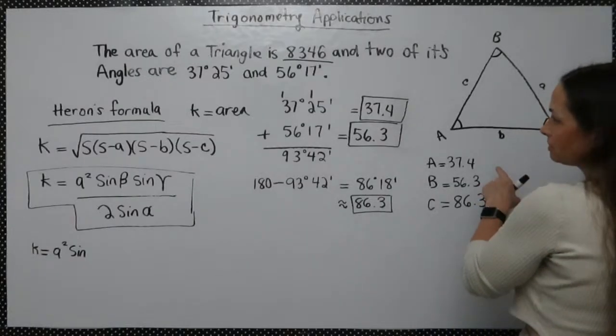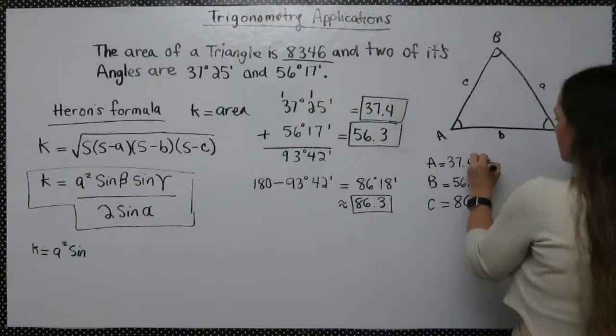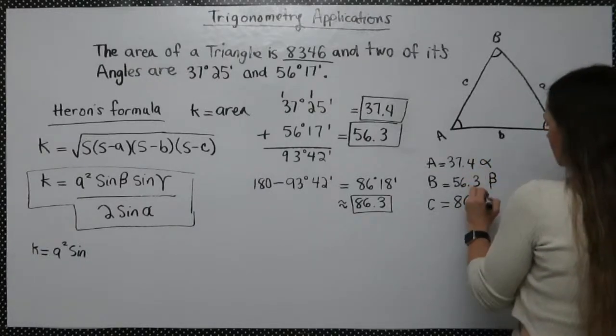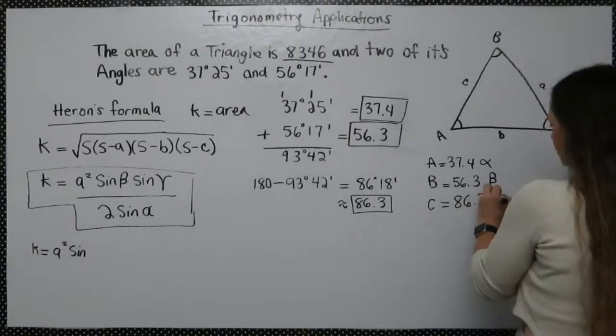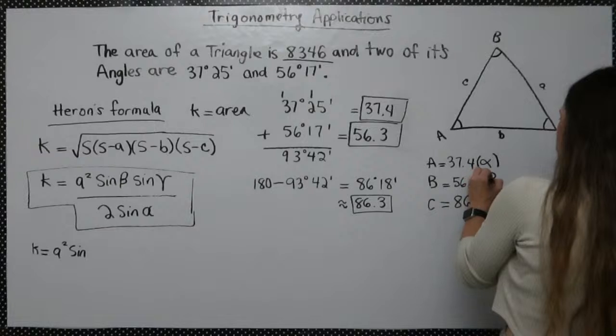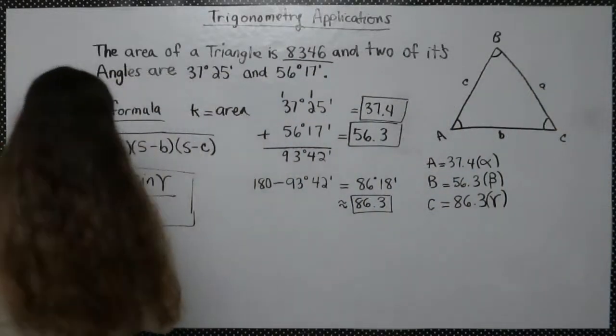So we'll label this one alpha, this one beta, and then this one will become gamma. And so that's how we'll go ahead and plug them into the formula. I like lists. It helps me stay organized.